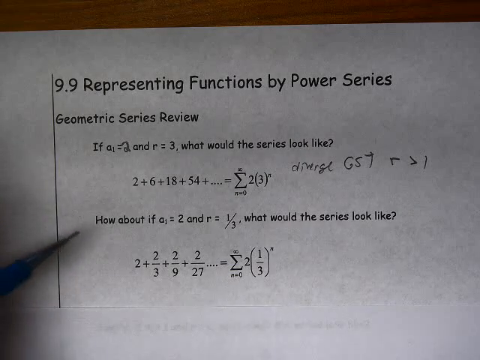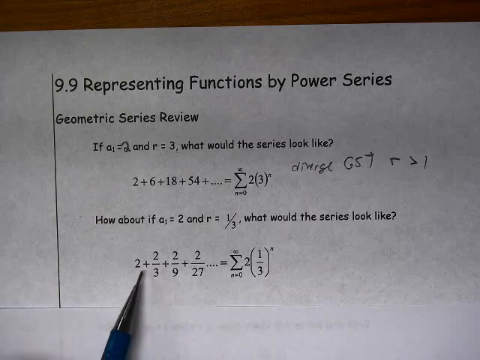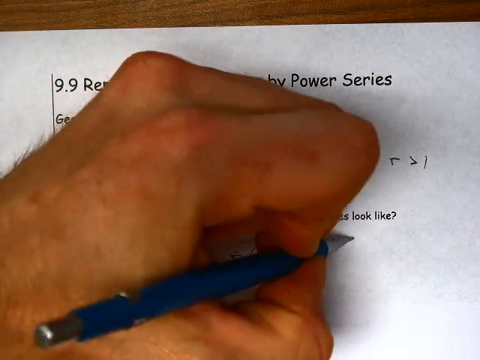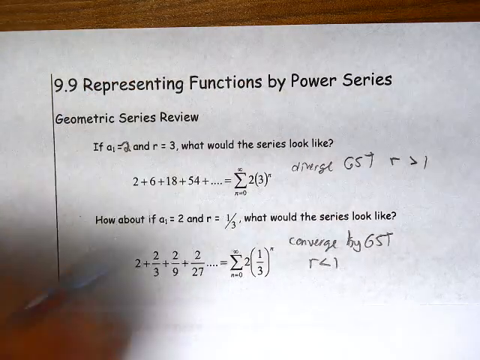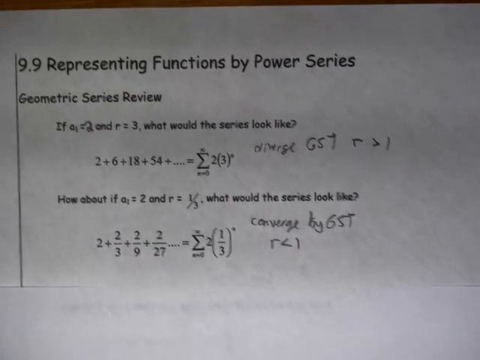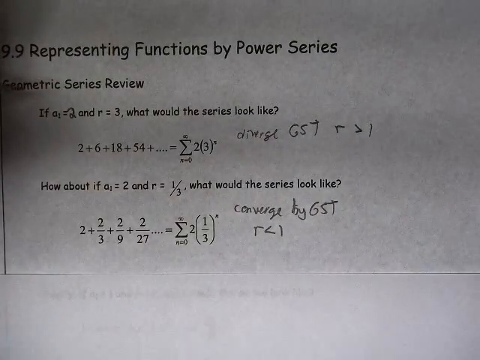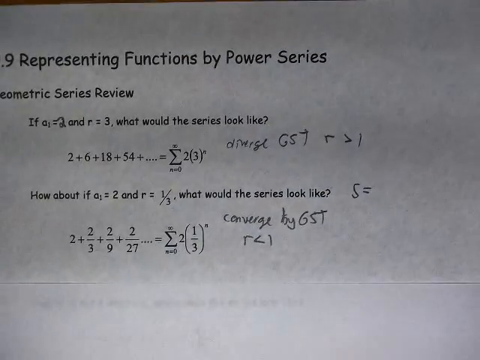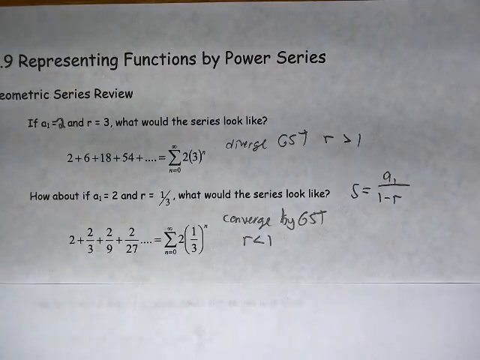Right? If we change that though and made r 1/3, then this series would look like this. We know this would converge by the geometric series test because r is less than 1. And not only that, but because it's a geometric series, we could also talk about what it converges to. The sum of a geometric series is going to be a sub 1 over 1 minus r.